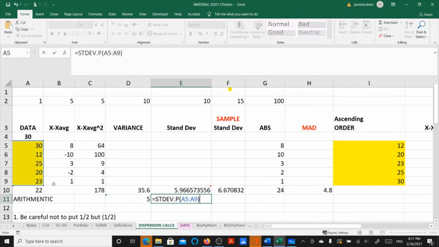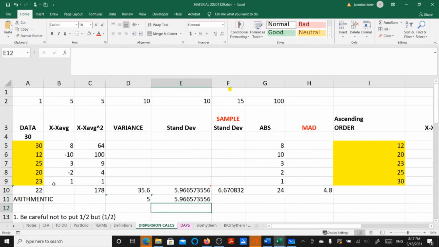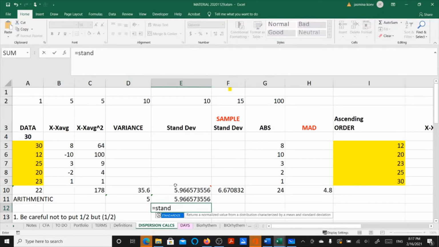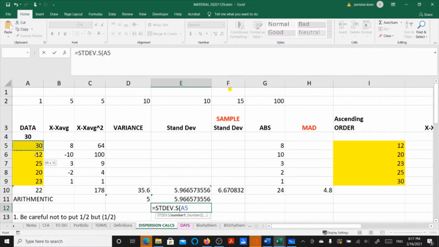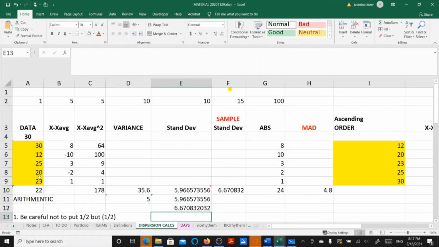Excel will have a lot of these calculations, and you can see I put back out. Let's do a standard deviation of the sample as well. Grab these guys. I always like to back into the data, and you can see we flip back to the sample as well.